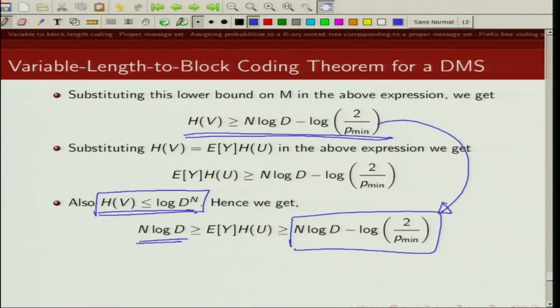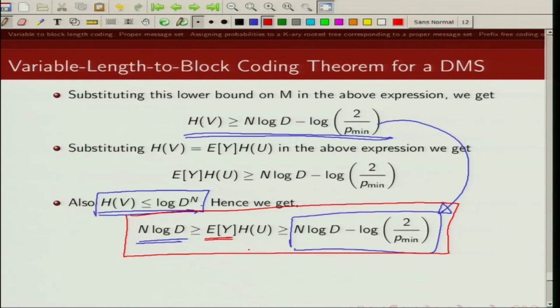Combining this upper bound and lower bound, I can write that this is a relation governing the expected value of y, the uncertainty in u, the code word length, the alphabet size d of the output code word, and this is the minimum probability of the single letter emitted by the discrete memoryless source.